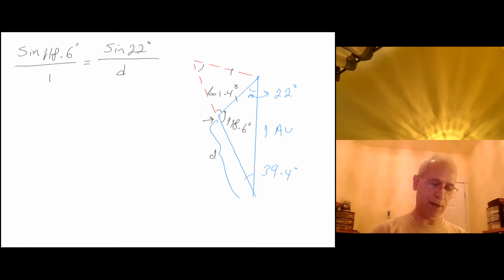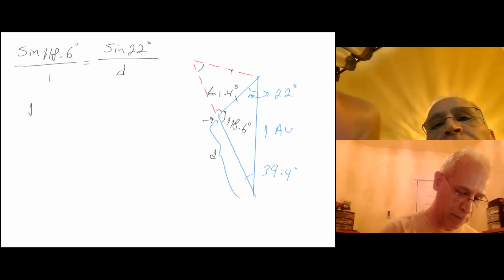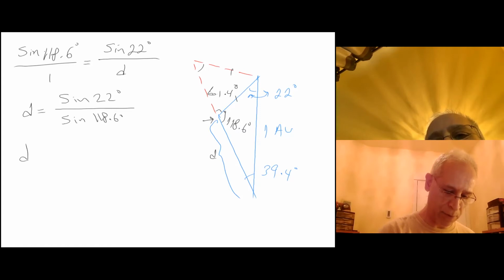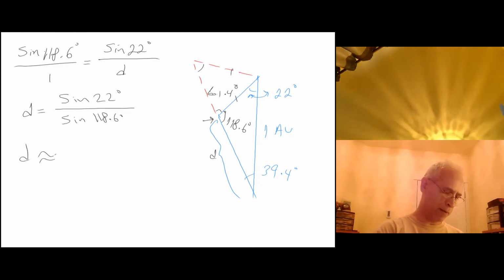Sine of 118.6 over 1 is just itself, so d equals sine of 22 degrees divided by sine of 118.6 degrees. The distance is approximately, and that gives me 0.4667 and on and on.